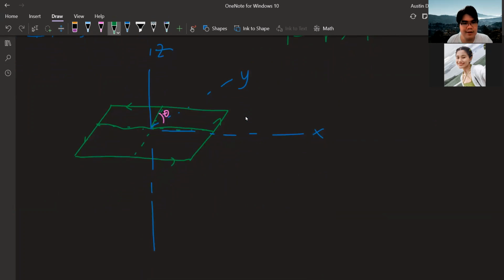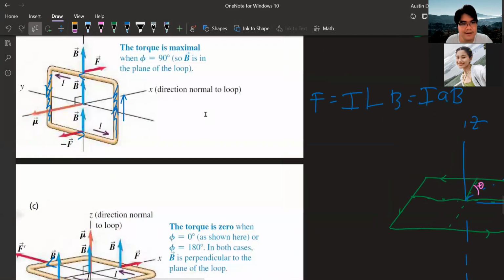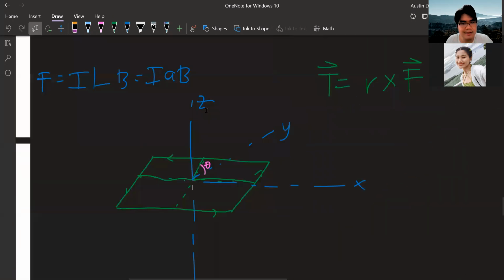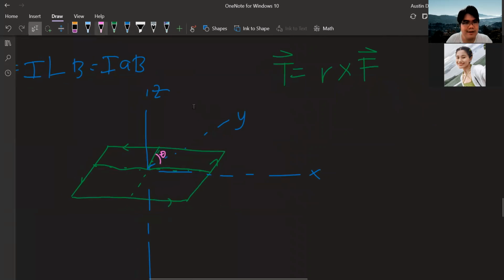And then, ano yung direction natin ng magnetic field? Upward yung magnetic field natin. May upward ako ng magnetic field dito. Tapos may magnetic force with this kind of configuration is going to the y-axis.